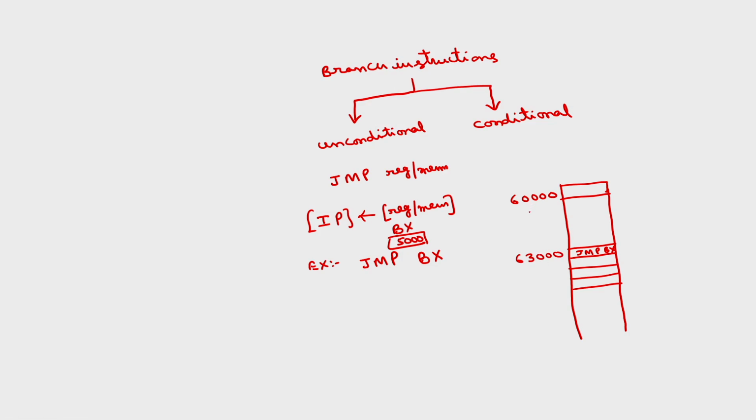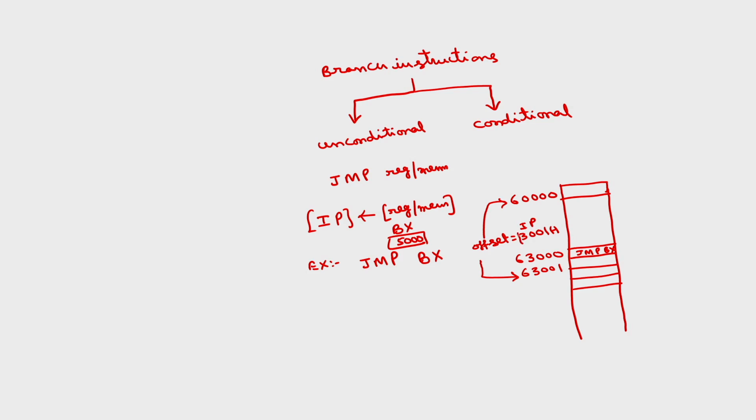So, what is the offset here? The next location is 63,001. The offset from the start of the segment to here will be 3001 H. This will be held by the instruction pointer.